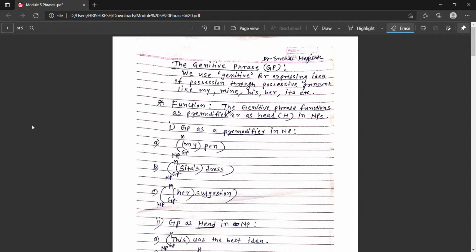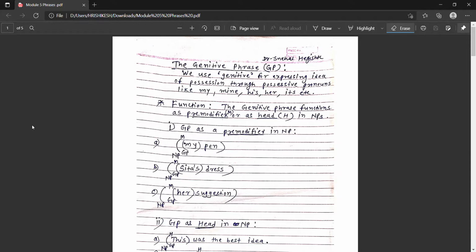So in the first example we discussed that genitive phrase functions as a pre-modifier in noun phrase. In the same way, in the second example, we have Sita's dress. We have used here the particle, we call it an apostrophe. Whose dress? Sita's dress. Sita's dress is a noun phrase. We enclosed it in round brackets. After that, while enclosing internal words, Sita's is here again a genitive phrase functioning as a pre-modifier of the head dress.